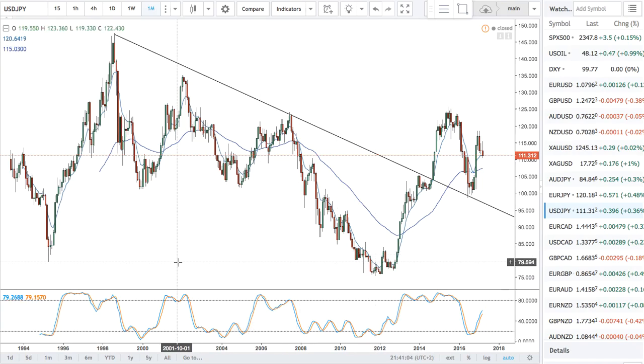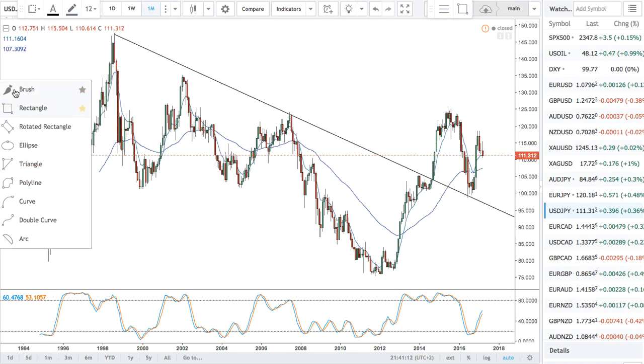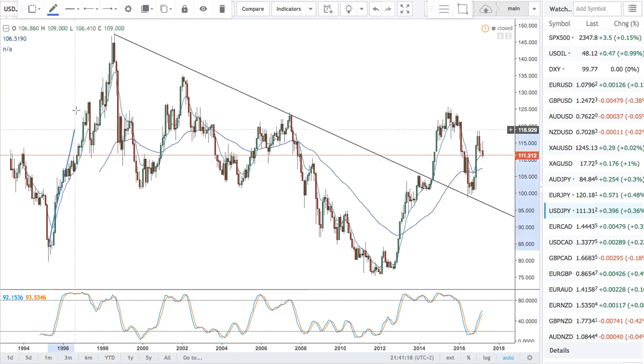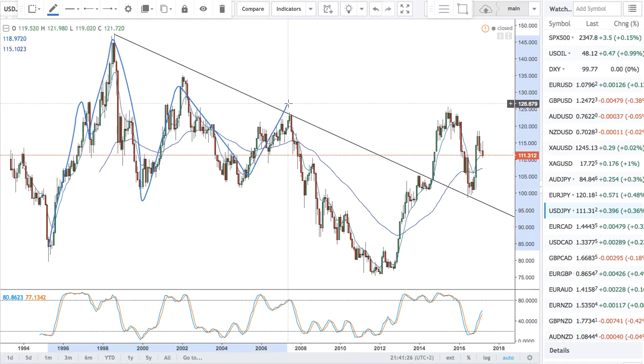So starting with the flat idea at the end of wave 3 of 3, the flat idea on this is 3 up and 3 down. A, B, C, that's 3.